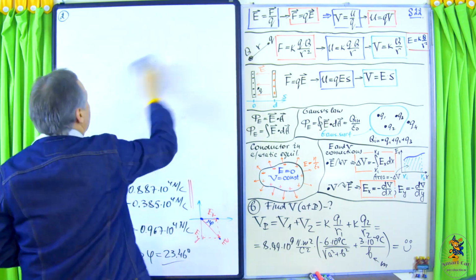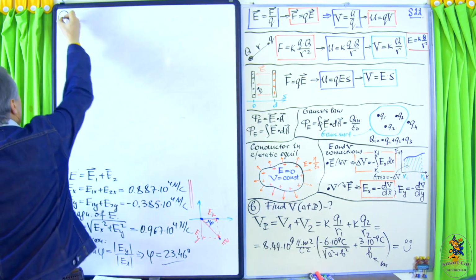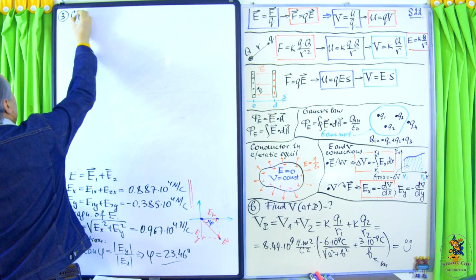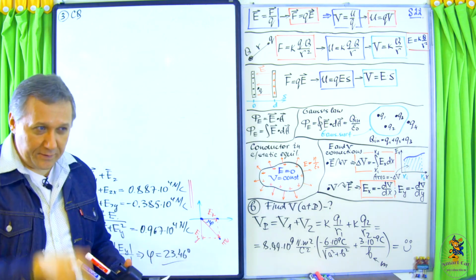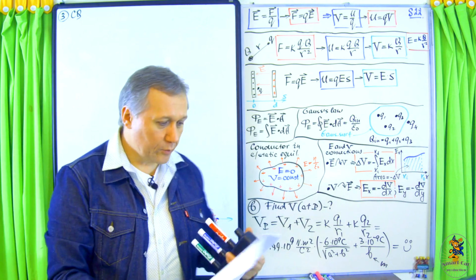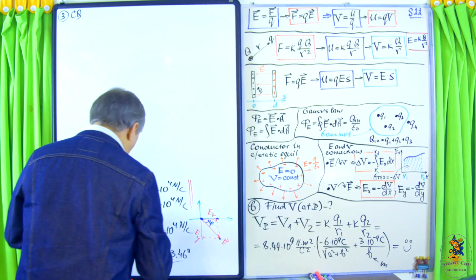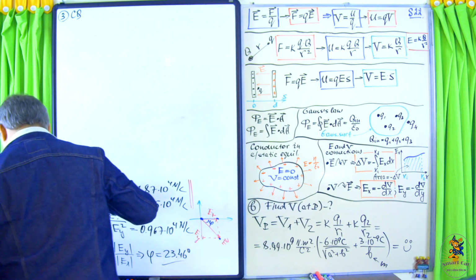Number 3, conceptual. CQ, conceptual questions. We need to find the electric field and the electric potential of two charges. So let's assume that we have a square.